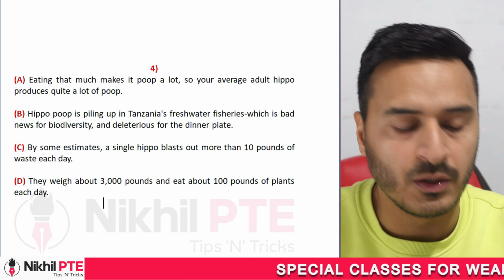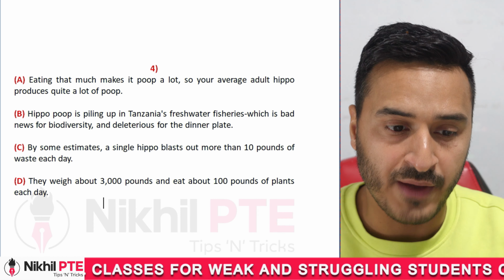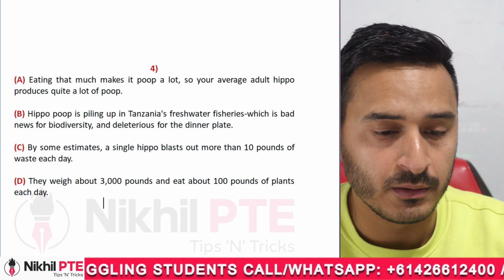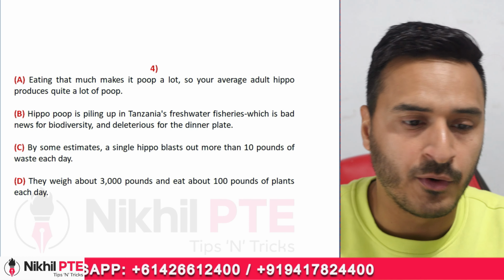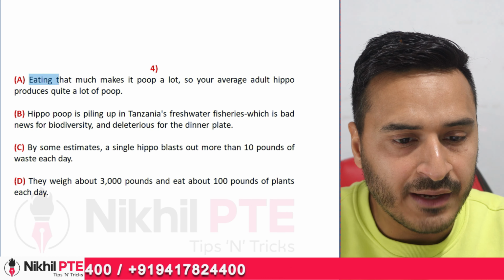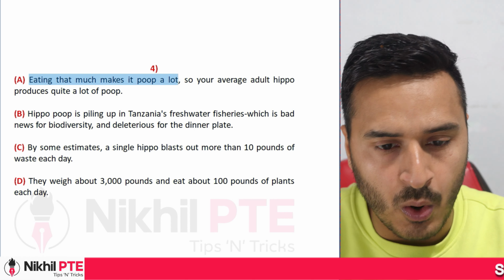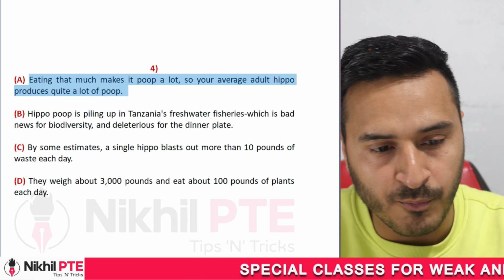Rule number two, you just have to find out connectors, conjunctions or plurals, if any. Any option that starts with these things will never come first. For example, "Eating that much makes it poop a lot, so your average adult hippo produces quite a lot of poop."